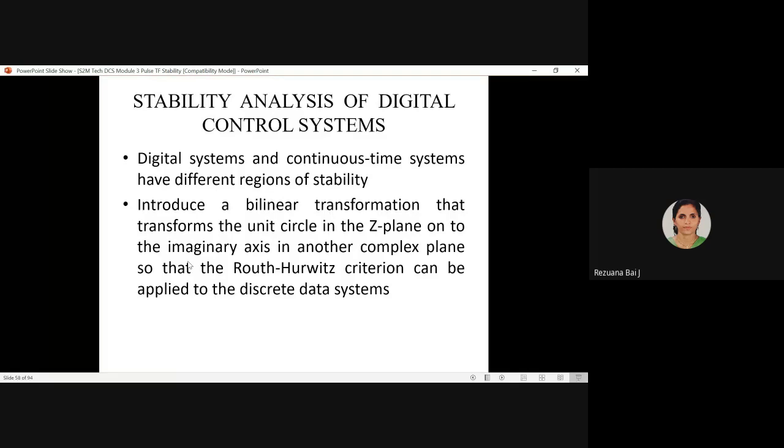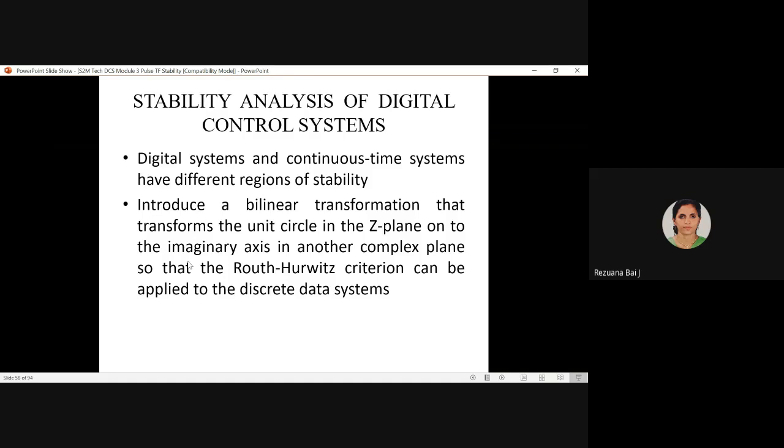So here, the idea is you will be given a transfer function in the z domain. That is, the variable will be z. When you solve the characteristic equation, you will get the closed loop poles in terms of z, say z equal to minus 0.1, or z equal to minus 1.2, or z equal to plus 3, or something like that.